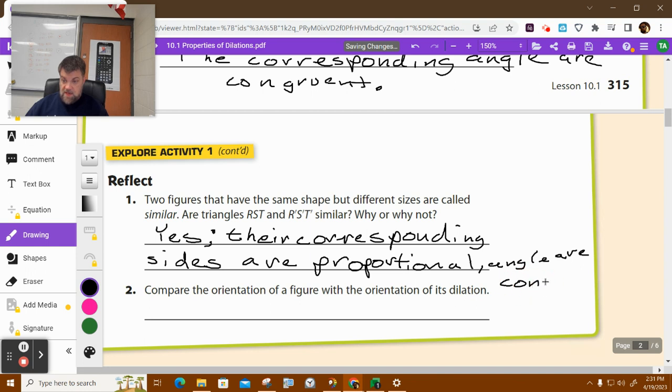Now, I know that's not grammatically correct, but I'm running out of space. You should say something like, and their corresponding angles are congruent.